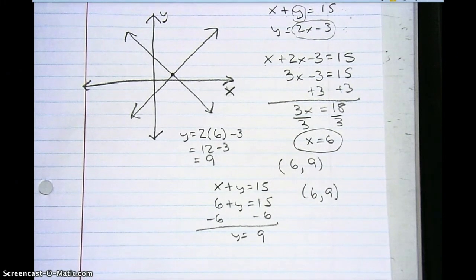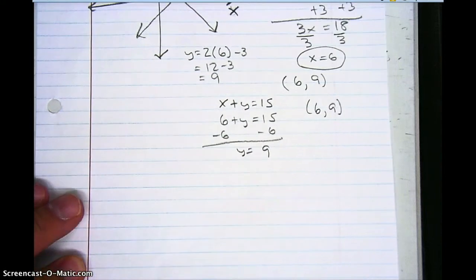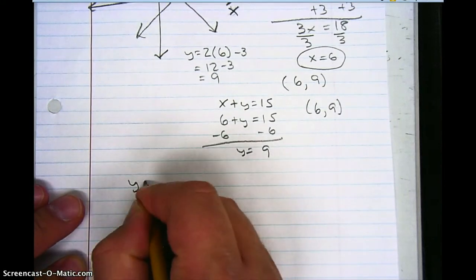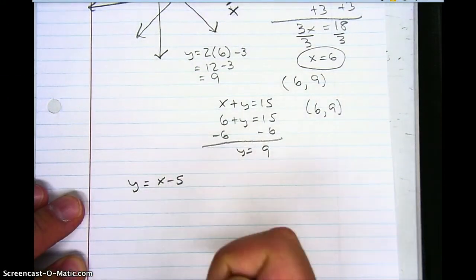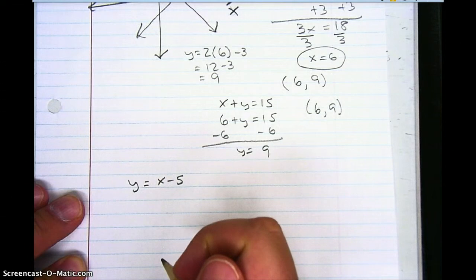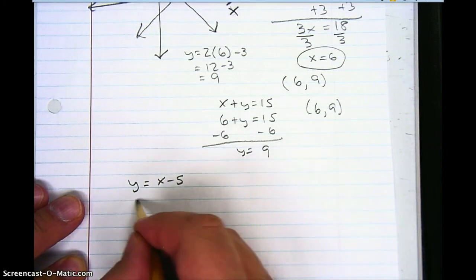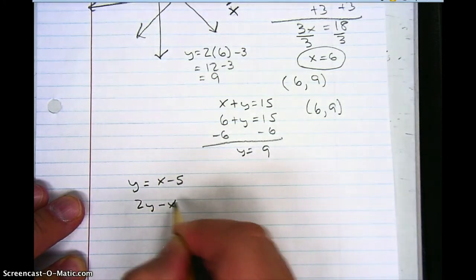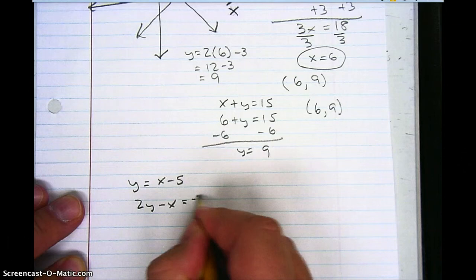Okay? I'm going to give you another one, and I'm going to have you see if you can do this next one. So the next problem I'm going to do is this one. We'll try one where one of the equations is y is equal to x minus 5, and the other equation is 2y minus x is equal to negative 2.